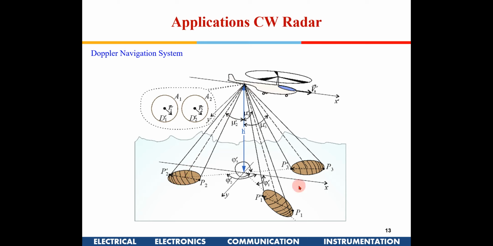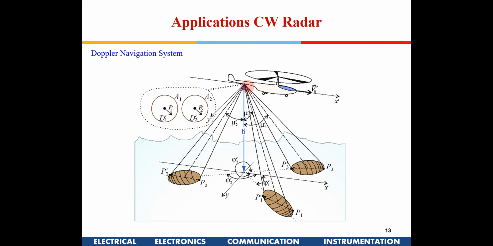The velocity information in the three axes, the aircraft forward velocity, the aircraft pitch and the aircraft roll information is given to the computer, through which the actual aircraft velocity in the X, Y, and Z components can be found, and then it would give the actual ground speed of the aircraft. Ground speed means the speed of the aircraft with respect to the ground. That can be computed.